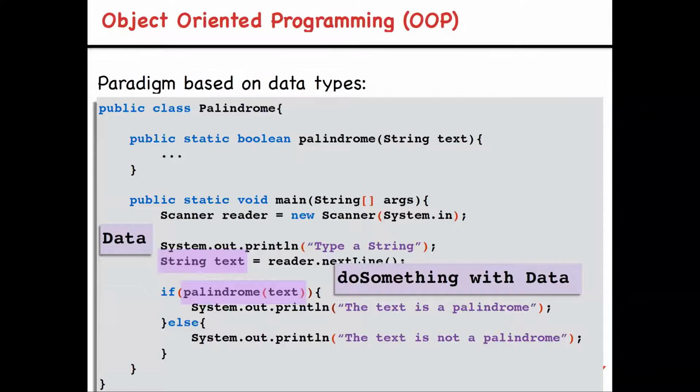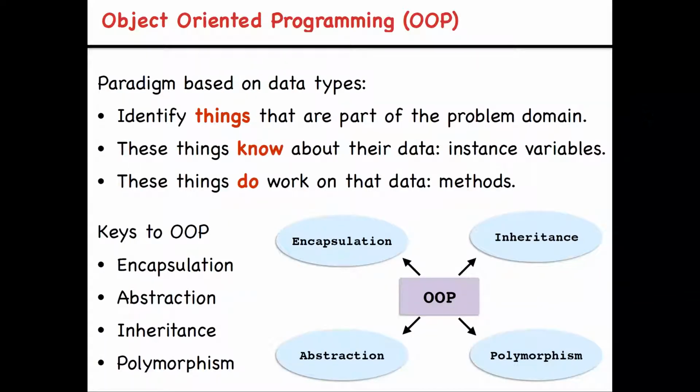So the main paradigm of programming, the main idea of what you're going to be doing in the future for your larger applications, is object-oriented programming. This is based entirely on data types. So you identify things that are part of your problem domain, whatever application you're trying to create.